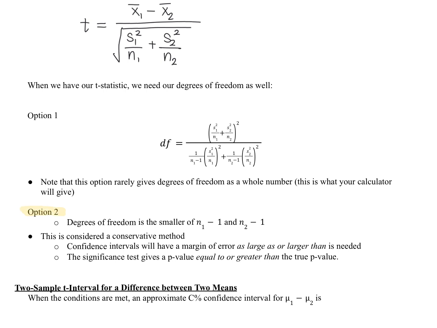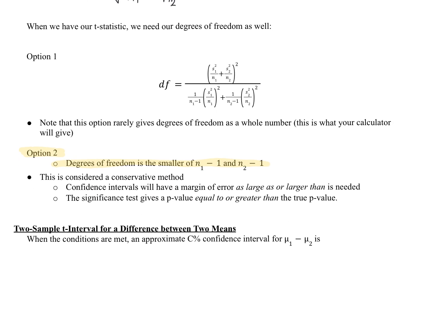Option 2 says that your degrees of freedom is the smaller of n1 minus 1 or n2 minus 1, the second sample size minus 1. So it's the conservative method, which is perfectly okay for our purposes. Whatever sample size is smaller, we use it for the degrees of freedom when we are performing a significance test.